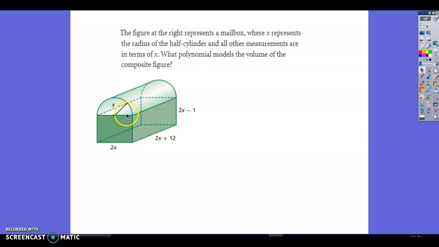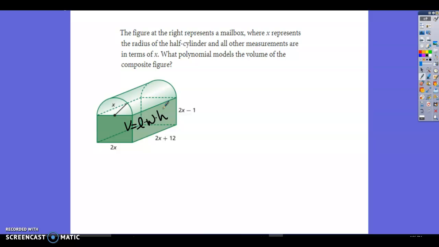All right, so you can see the top half of the mailbox is half of a cylinder. And then the bottom here is a rectangular shape. And we know that the volume for this part is going to be volume equals length times width times height.